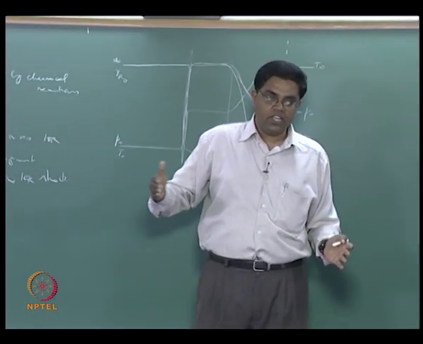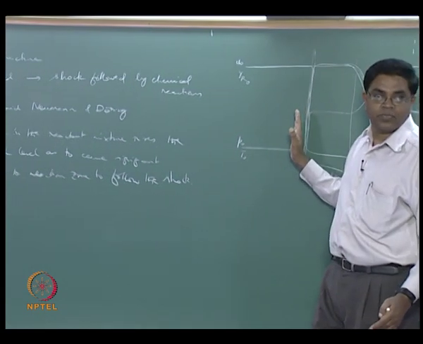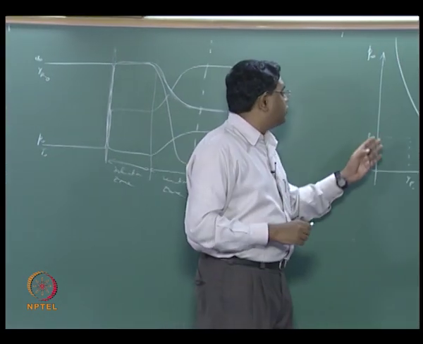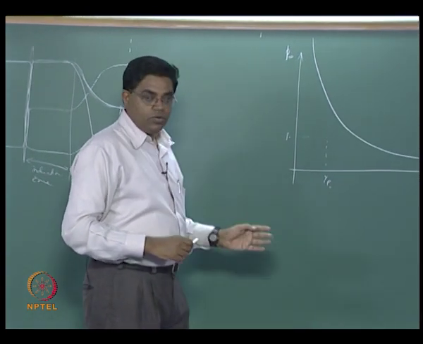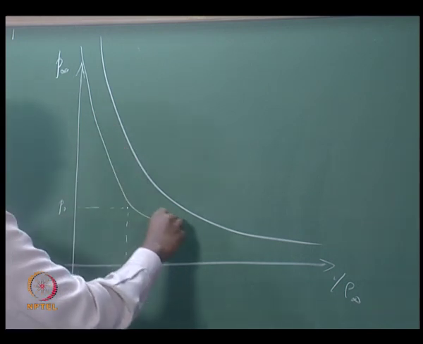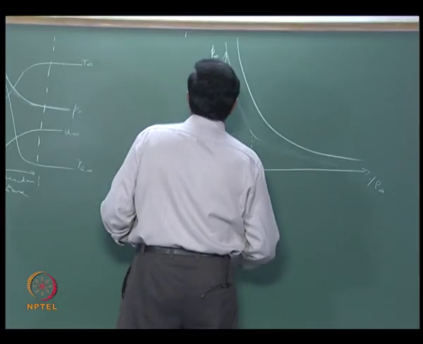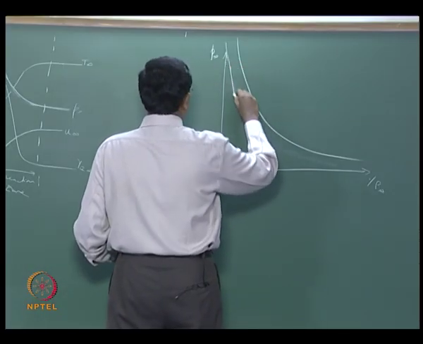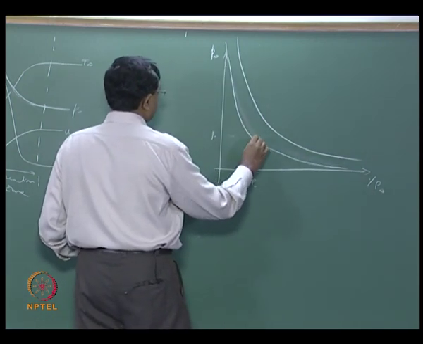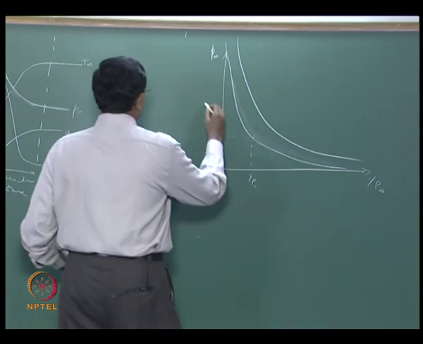That means you do not have any heat release across the shock itself, right. The heat release comes behind, therefore you have to follow the shock Hugoniot. So the shock Hugoniot is now going to be passing through the origin. So that is the shock Hugoniot.